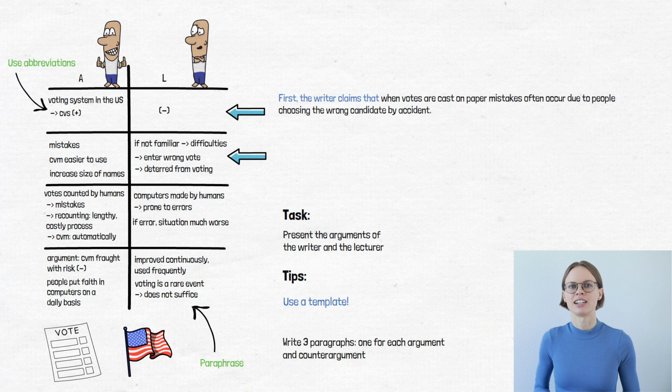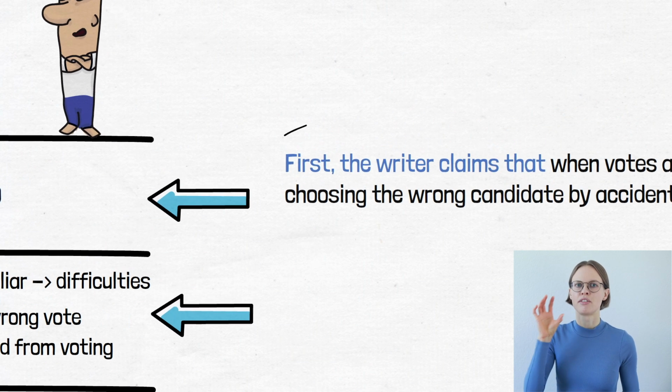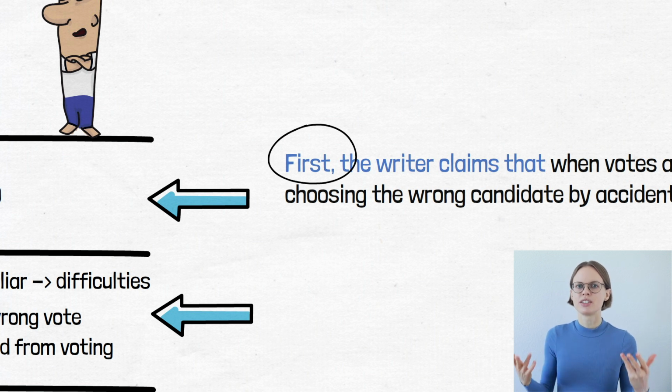As you can see, I started my paragraph with first. First is an amazing linking word to indicate that you are talking about the first argument of the writer. And I said the writer claims that. Claim is just another word for to say or to state.